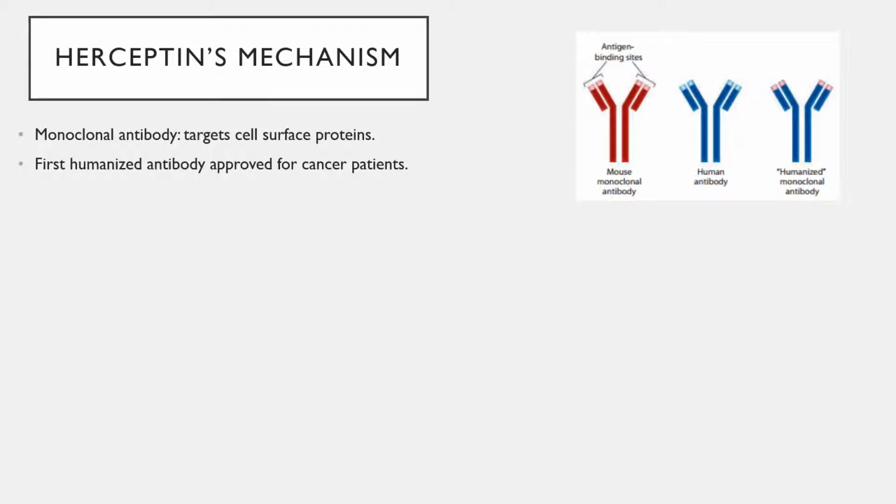And humanized antibody just means that it originally comes from mice, but the genes encoding the antibody protein subunits were cloned, and the portion that encodes the antigen binding region was combined with human DNA sequences that encode the rest of the human antibody protein. And this was done so you would prevent an immune response in patients injected with the monoclonal antibodies that were coming from the mice.